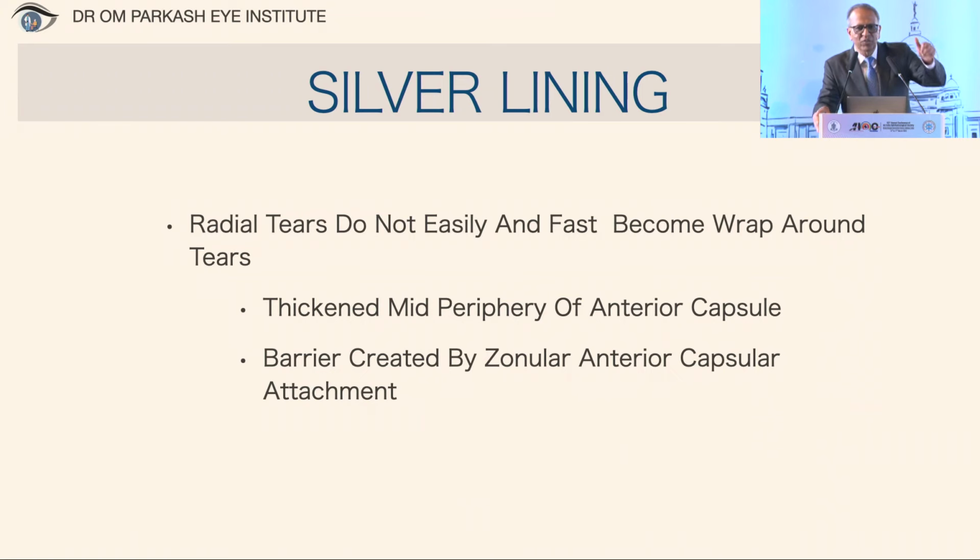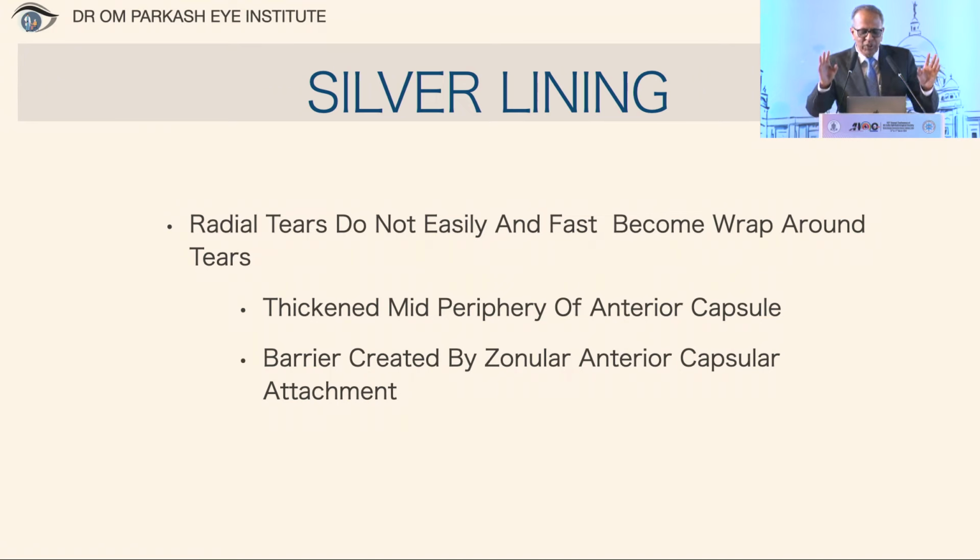But there is a very good silver lining, and that silver lining is that radial tears do not easily and fast become wraparound tears. So mark my words, they do not easily become a wraparound tear. Why? Because of the thickened mid-periphery of the anterior capsule, and there is a barrier created by zonular anterior capsular attachment.